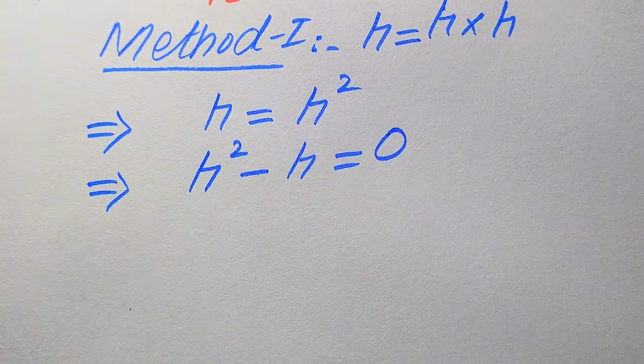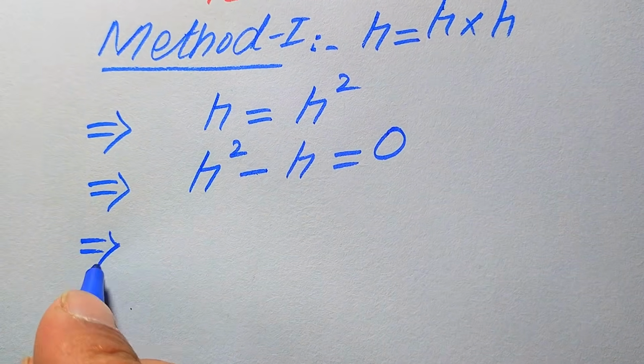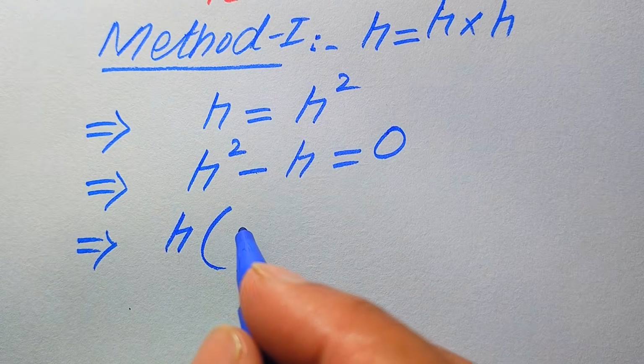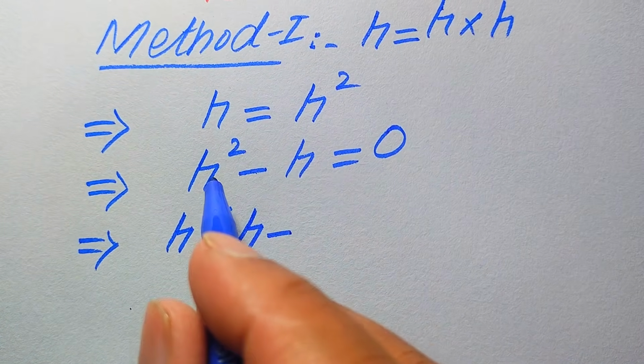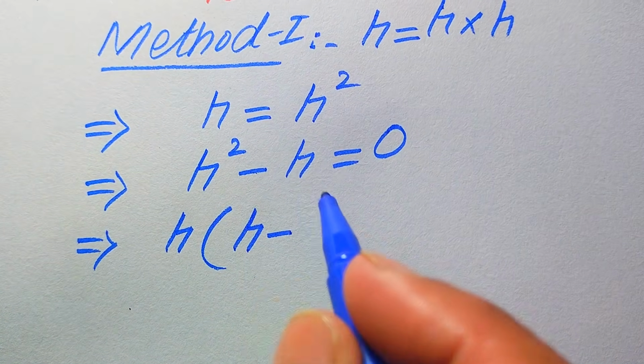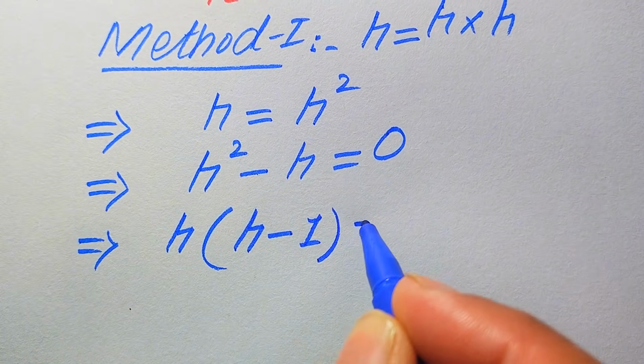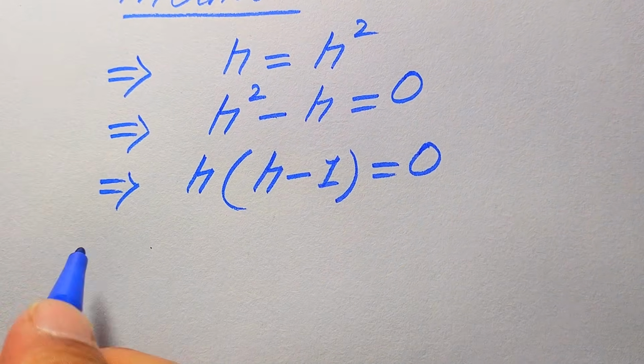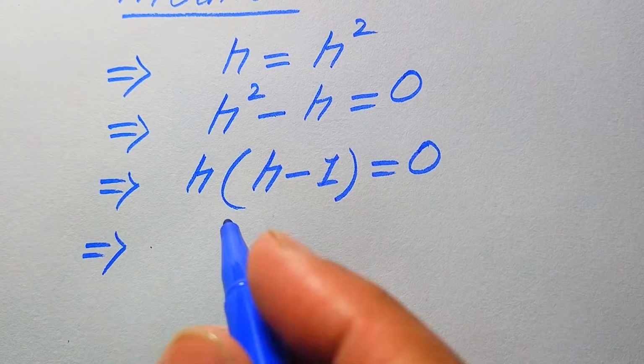Now you see here both of these two terms involve h, so we take common h from here, and when we take common h the remaining values are: from here we get h minus, from here we get 1, and this whole equation is equal to 0. In the next step we divide this equation into two cases.